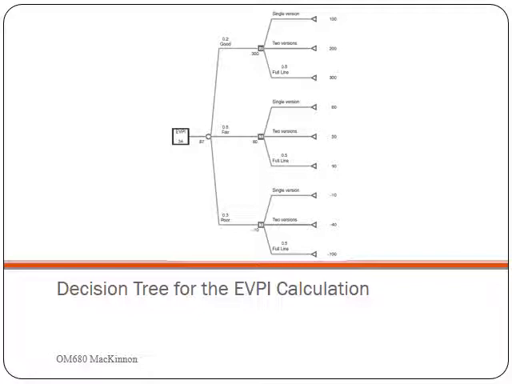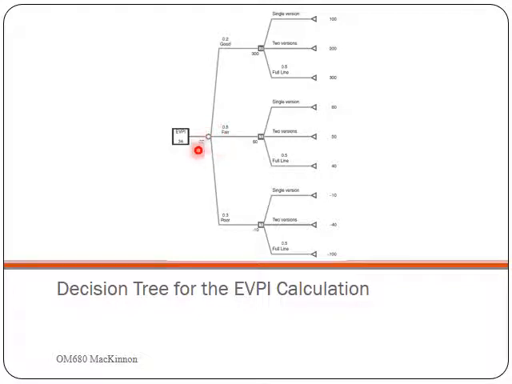Okay, and so we have that -10 value, the 60 value, and the 300 value, and we multiply them by the probabilities. 300 times 0.2 plus 60 times 0.5 and -10 times 0.3, and we get our expected payoff of perfect information, which is 87.